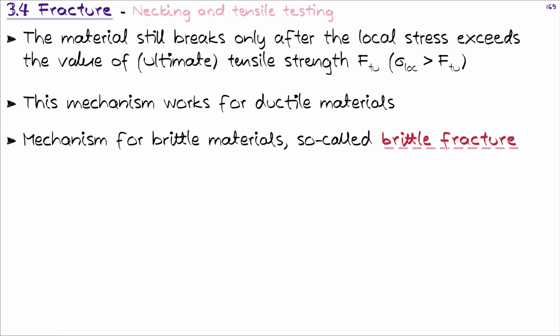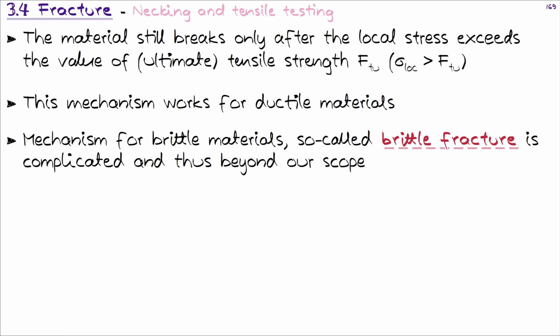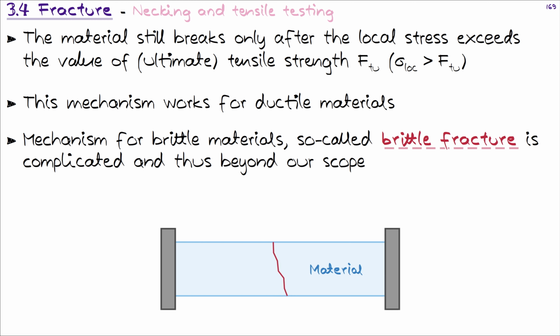And when we have a brittle material, the mechanism for fracture is different, and this is called brittle fracture. And this is actually quite different, and quite complicated, and thus it's beyond our scope. And this is the kind of picture that hopefully highlights what happens. So when we have a brittle material, it doesn't taper down because it's not ductile.